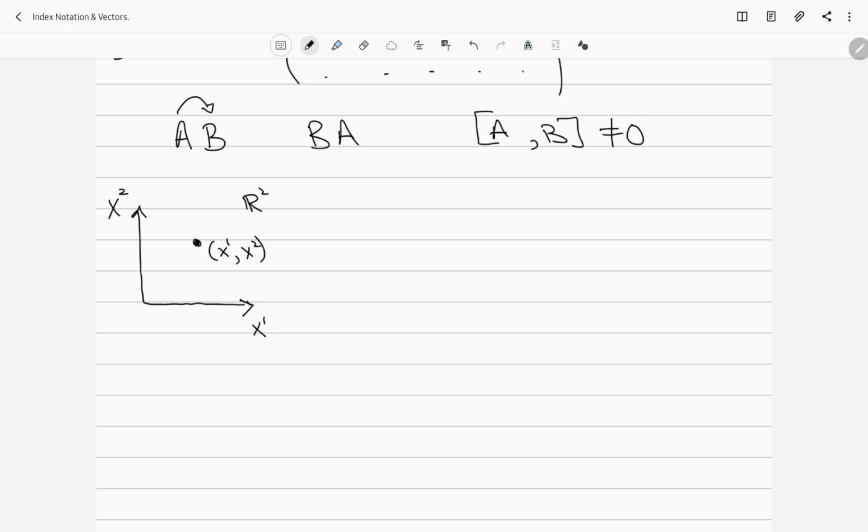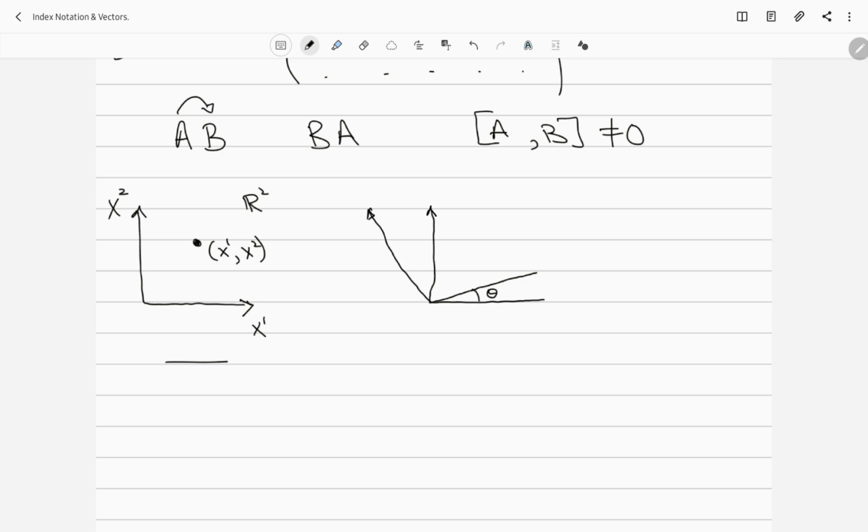Let's do something to this coordinate system: let's rotate it by some angle theta. I'll just draw this original coordinate system right here first, and now let's rotate it by some angle theta, and you get something like this.